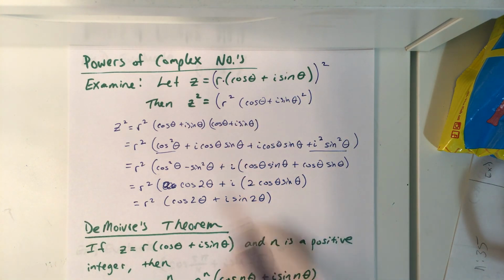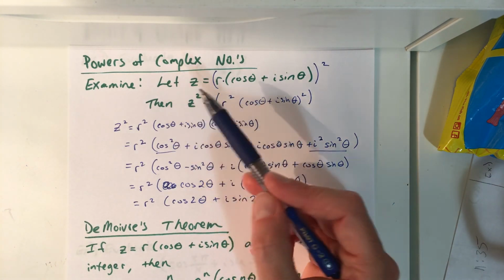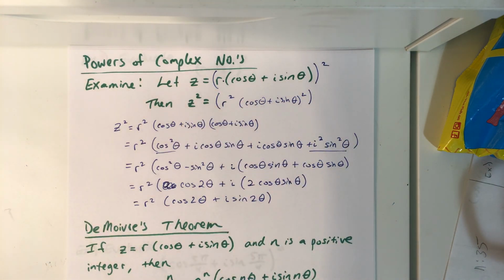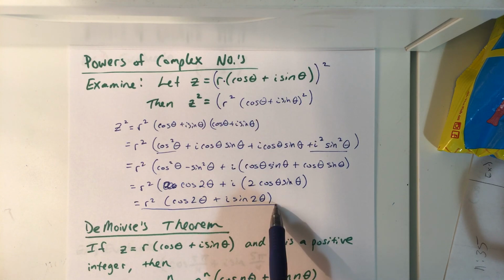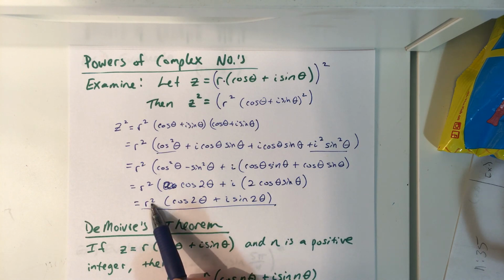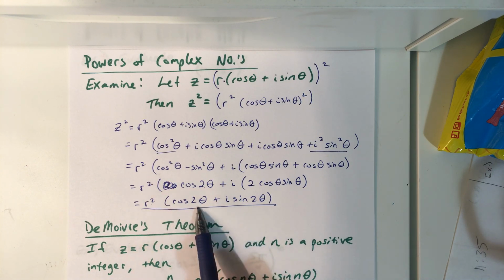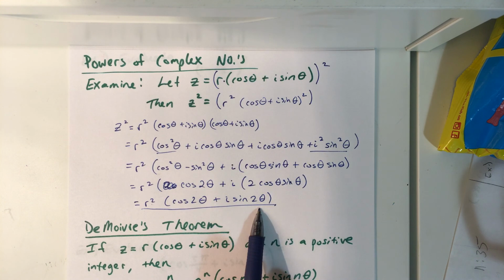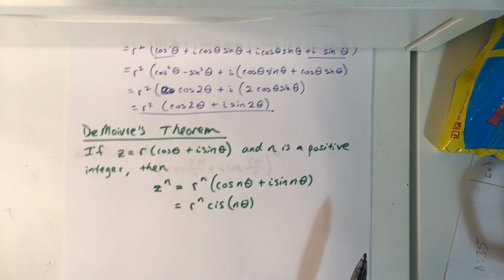If we were to continue this process to the third power or to the fourth power, we see a pattern that emerges. And what happened here with squaring is the same thing that's going to happen if we raise it to the third or the fourth power. The radius is going to take on that power, and the angle within the function will be multiplied by that power. That leads us to de Moivre's theorem.